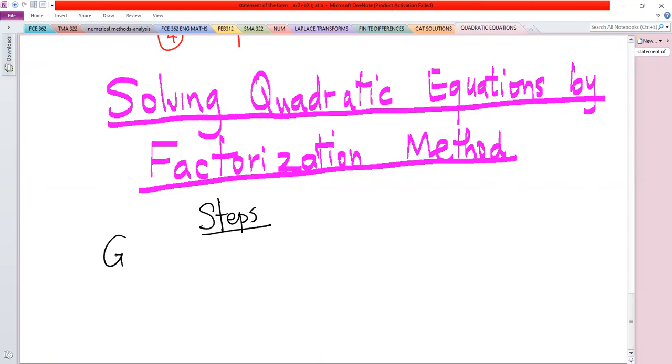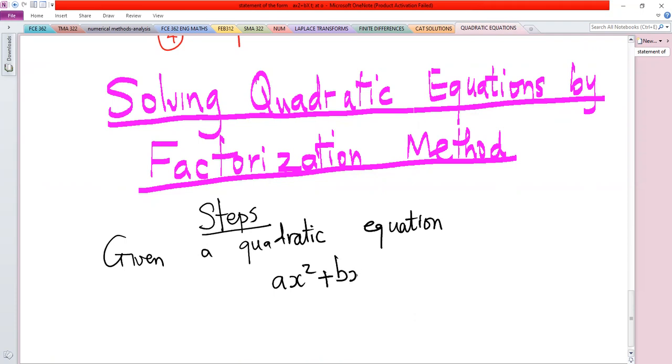Given a quadratic equation ax squared plus bx plus c equals 0.